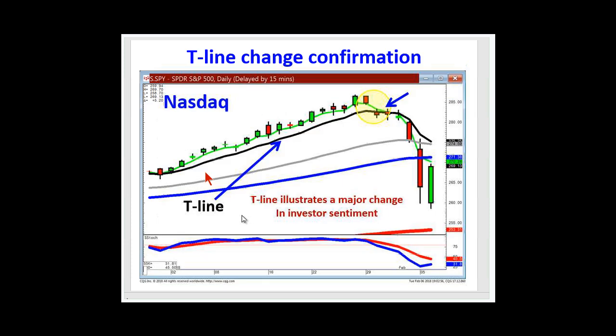What works very effectively is as long as you're above the T-line, the probabilities are extremely strong that you're in an uptrend.